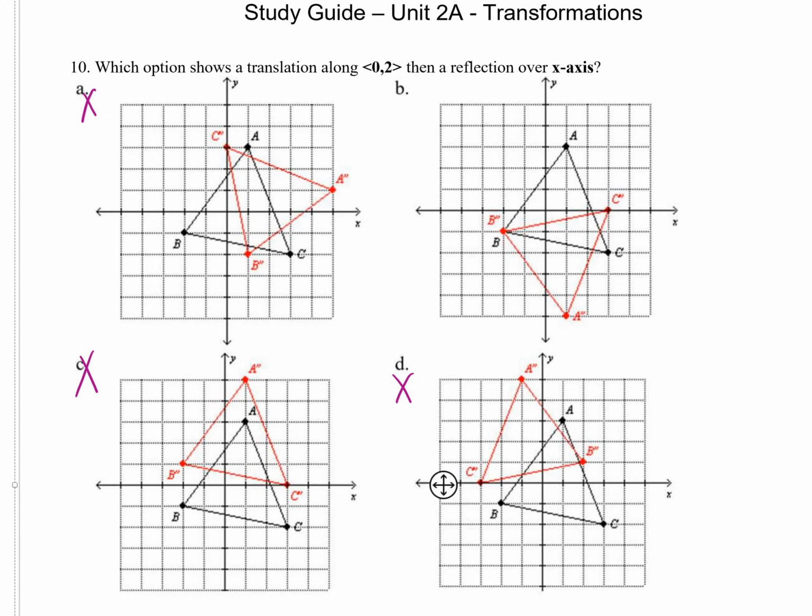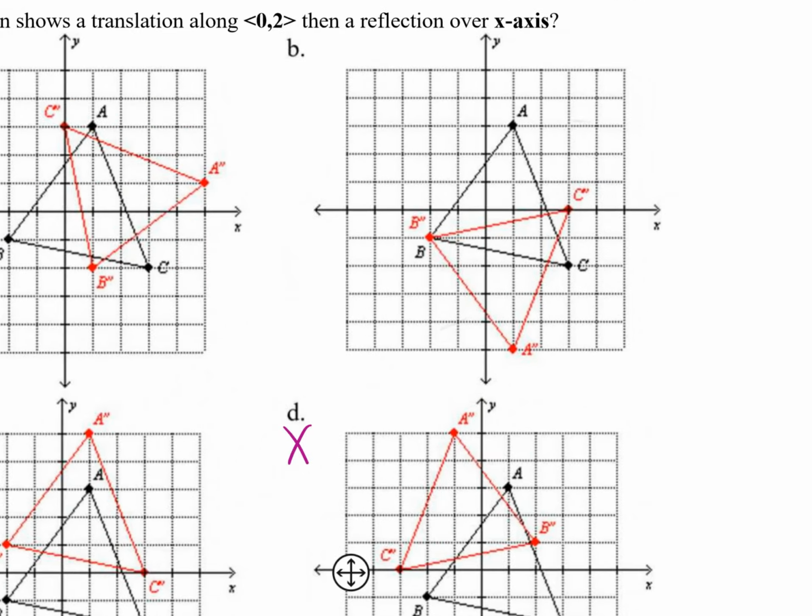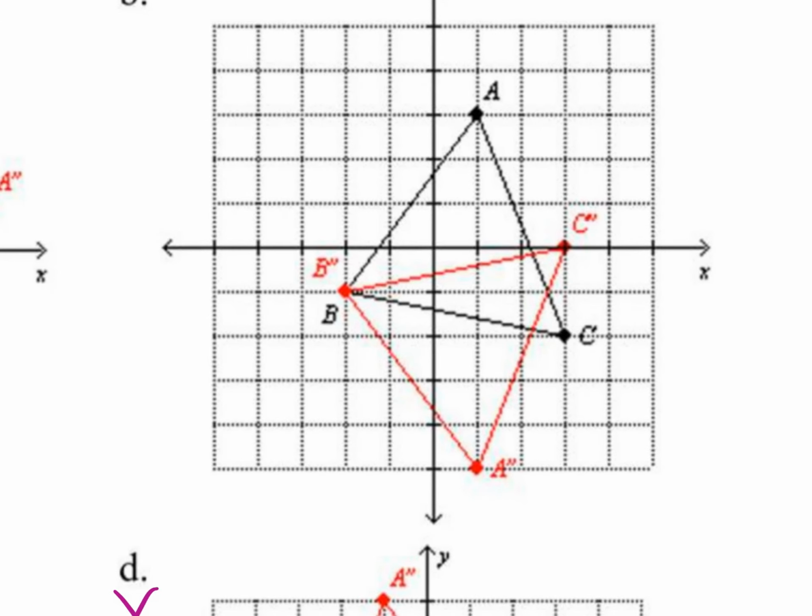Let's actually do it. So we're going to translate this 0, 2. That means each point is going to go up 2. 0 doesn't move anything in X, but up 2.